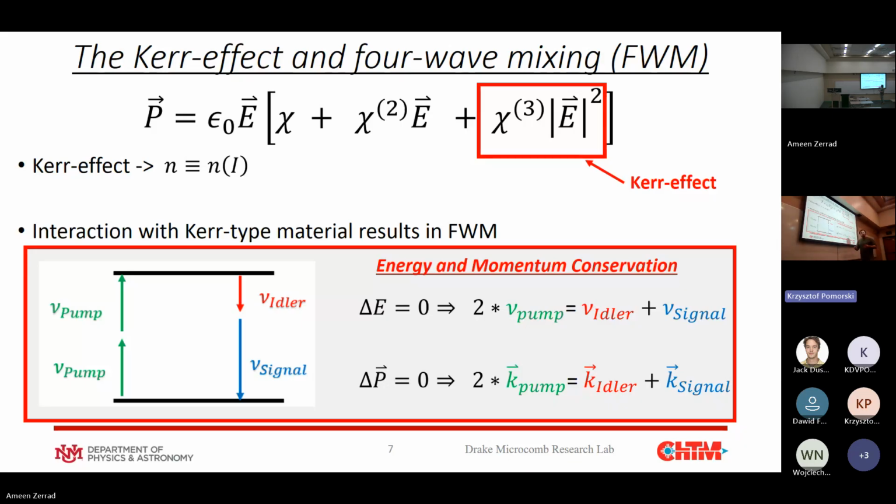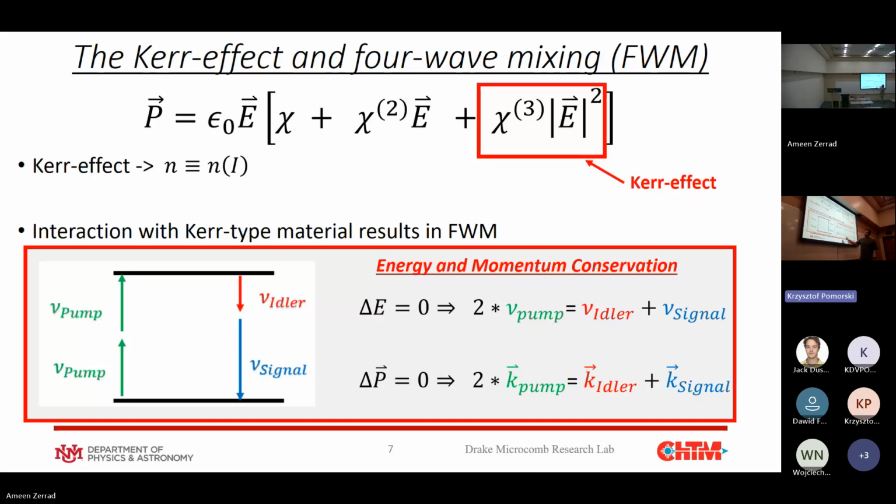We can look at this almost as a two-level system, in the sense that pump photons from the field that you're sending to your Kerr medium are absorbed by this medium. Because of the Kerr effect, what happens is four-wave mixing, which results in the generation of spectrally disparate signal and idler photons. Anytime you have something like this, you have to play by the rules, in the sense that you must conserve energy and momentum. To conserve energy, that imposes a frequency matching condition. So this is your frequency matching condition to conserve energy.